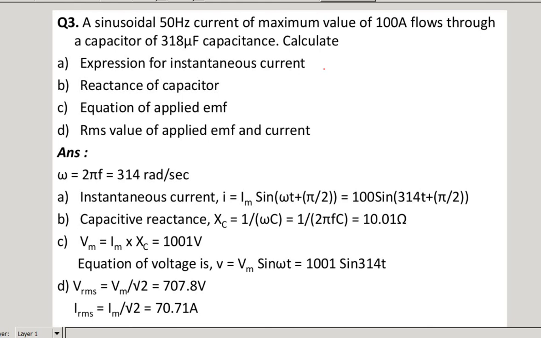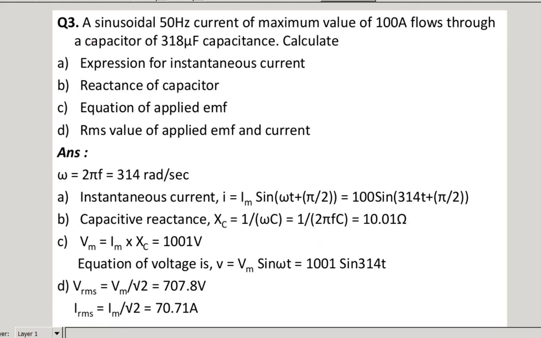So, we will discuss a problem. A sinusoidal 50 Hz current of maximum value 100 ampere flows through a capacitor of 318 microfarad capacitance. Calculate the expression for instantaneous current, reactance of the capacitor, equation for applied EMF, and RMS value of applied EMF and current.